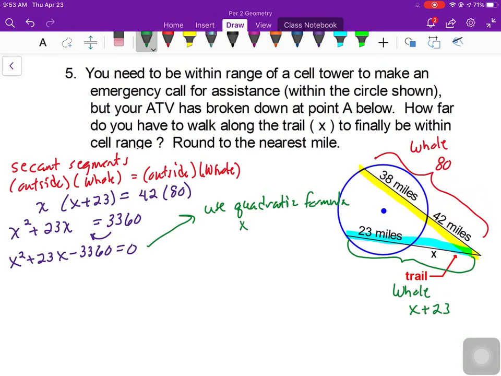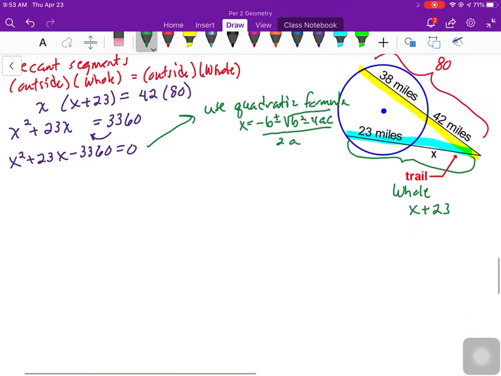Now, the quadratic formula was x equals negative b plus or minus the square root of b squared minus 4ac, all over 2a. In our problem, we can see what the a and the b and the c are. So let's just write those down. The a would be 1, the b would be 23, and the c would be negative 3360.